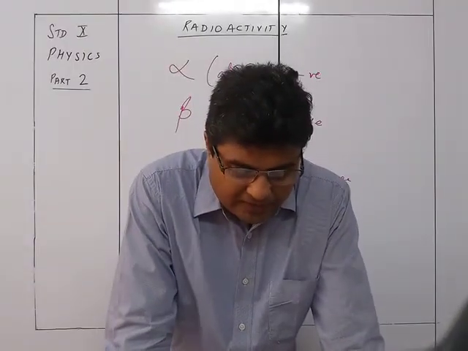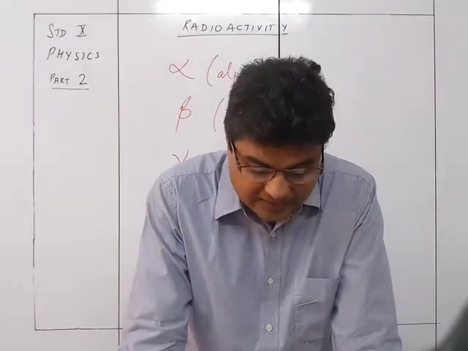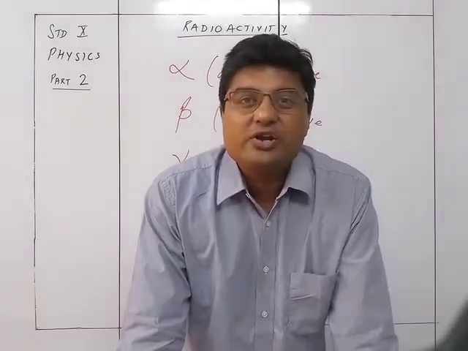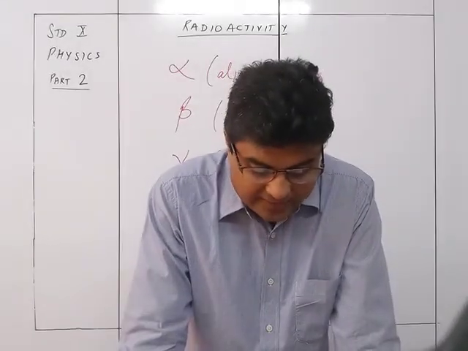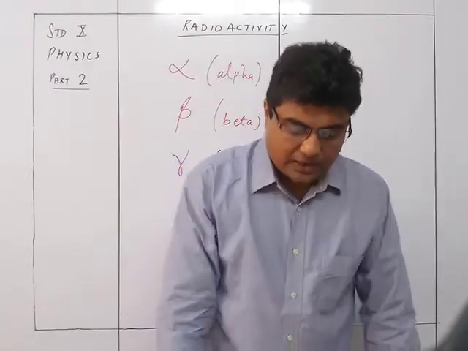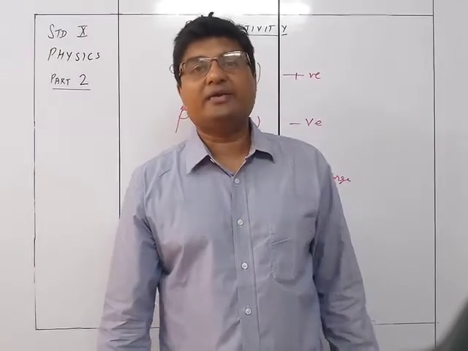The isotopes of nearly all the elements of atomic number higher than 82, that is after lead in the periodic table, are radioactive because in their nucleus the number of neutrons is much more than the number of protons. These are called the natural radioactive substances.